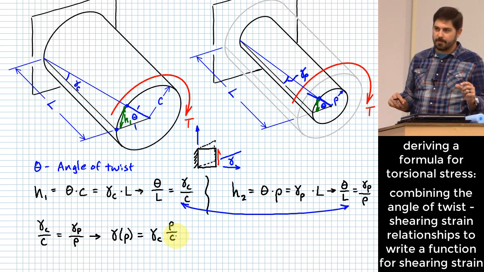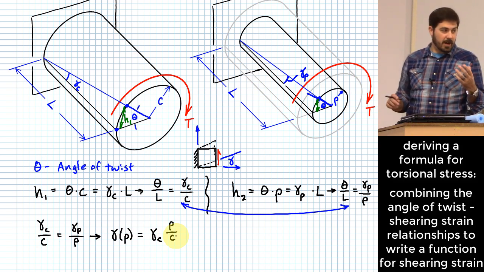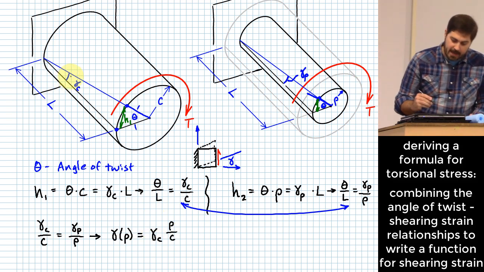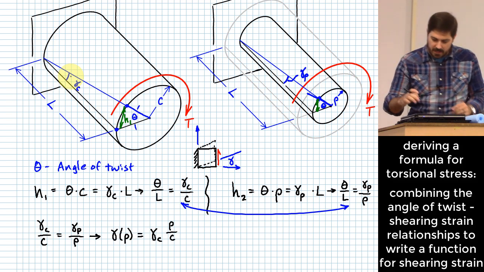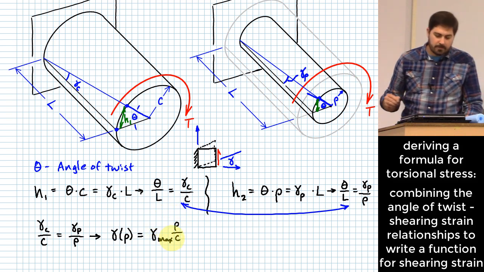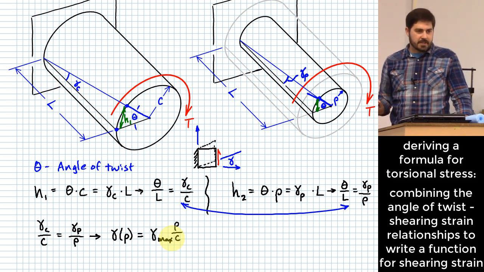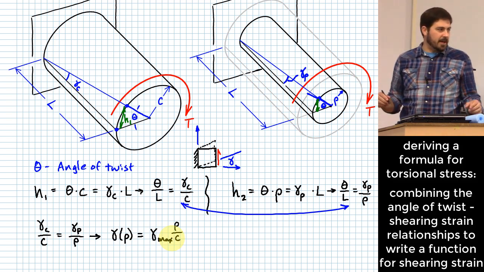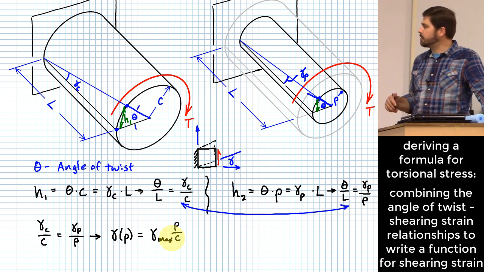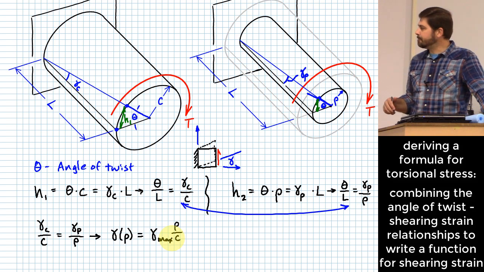Where does it occur? At a rho value of C. Which means that gamma sub C, which is the shearing strain that happens at a radius value of C, it would not be wrong for me to think of this as a gamma max. Does that seem like an appropriate thing to name that value, since there's not another location in the piece that has more shearing strain?